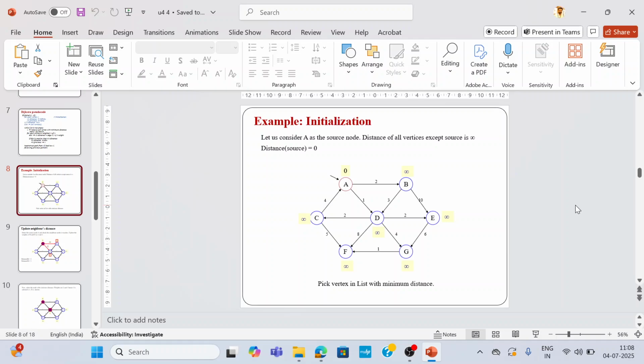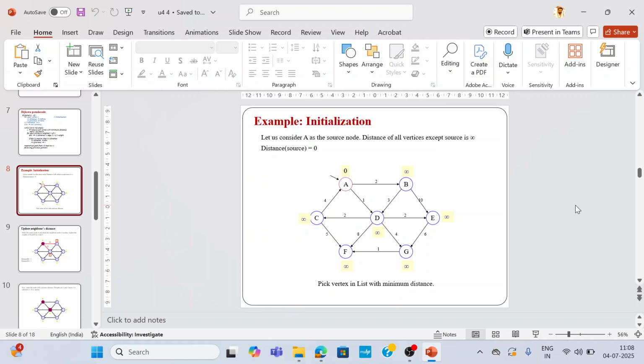It is a greedy algorithm that finds the shortest path from a source node to all other nodes in a weighted graph. But the weights should always be positive. They should not be negative.